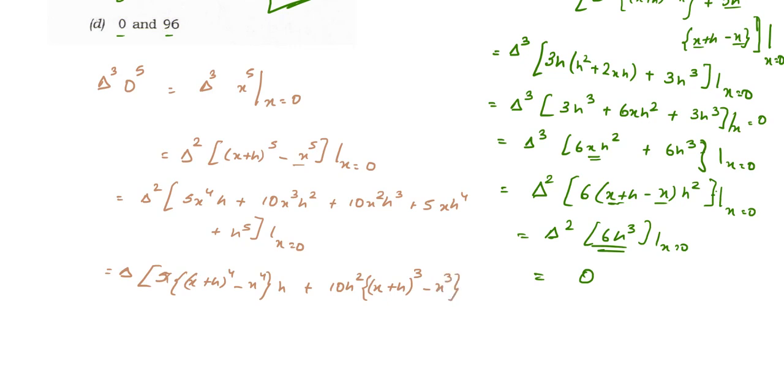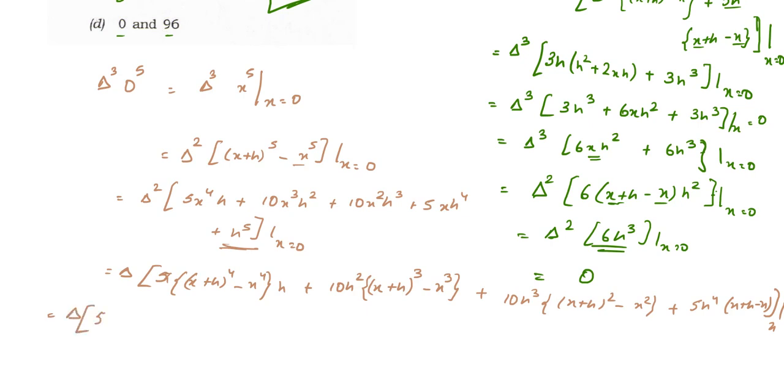In the second part we will have 10h cube, where we have (x plus h) whole square minus x square, plus 5h to the power 4, where we will have x plus h minus x, and the last portion is simply a constant. Here you can see this is simply h to the power 5, which is a constant, so we will neglect that.